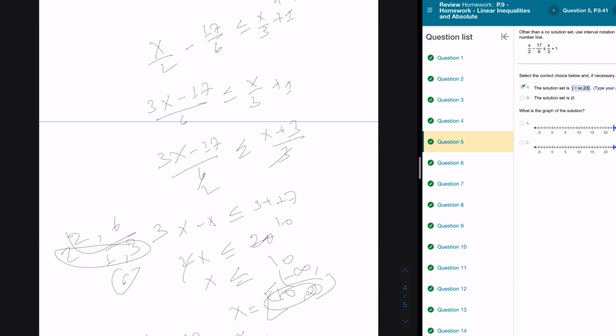3x minus 17 by 6, x by 3 plus 1, then 3x minus 17 by 6, 3 ones are 3, 2s are... oh, I got it. Where did we make the mistake? Here is 2.